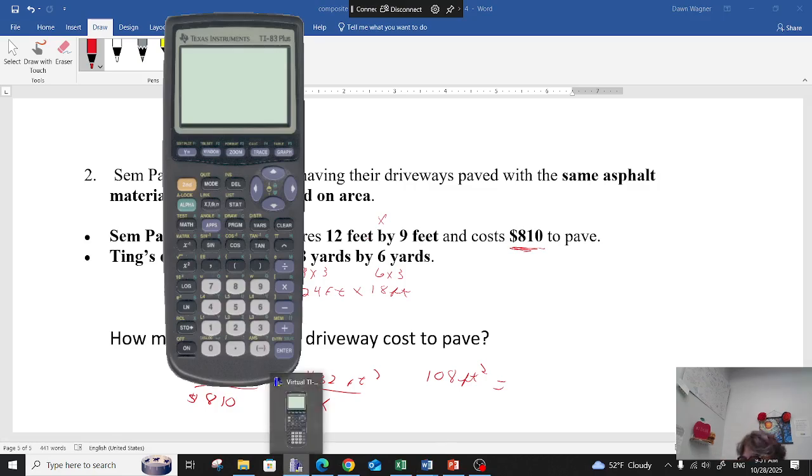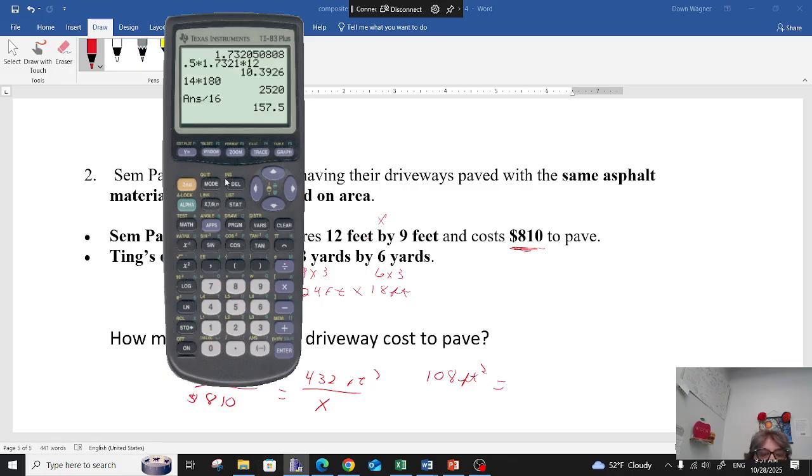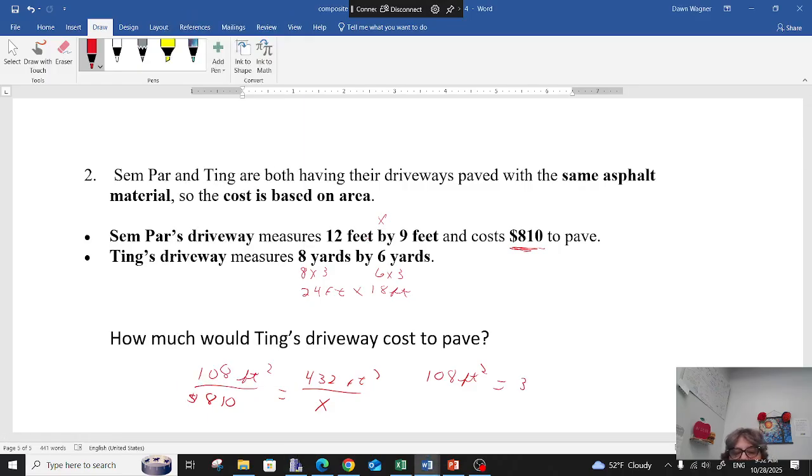I'm going to actually do this because my ears are bad. So turn it on. 4, 3, 2 times 8, 1, 0. Oh, wow, that's a big number. 349,920. Oh, I forgot my X here.